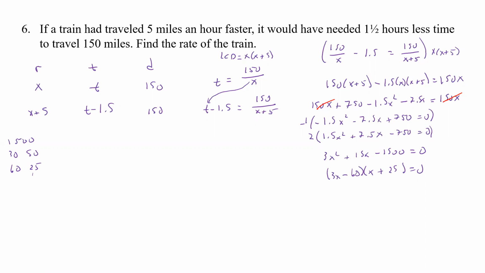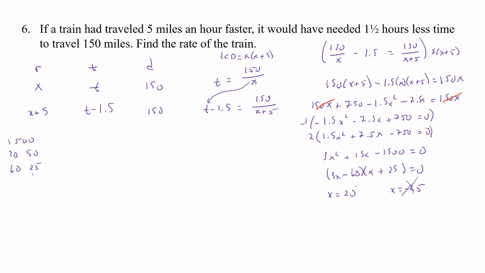I see that if I would have divided by 3, I could have smaller numbers to work with, but that's okay. We still factored it. And so here we get x equals, if we take 60 over, divide by 3, that's going to be 20. And here, if we take it over, it's going to be a negative 25.